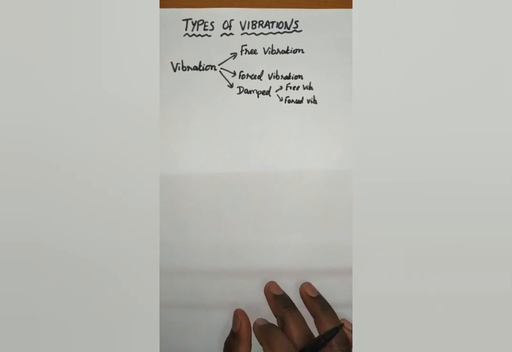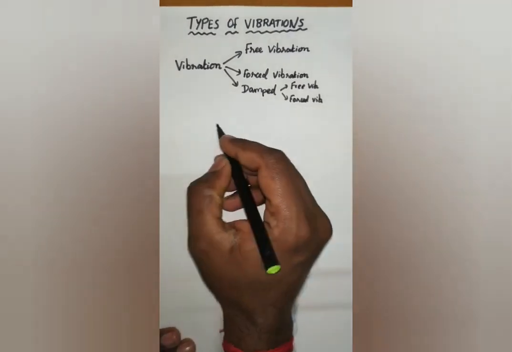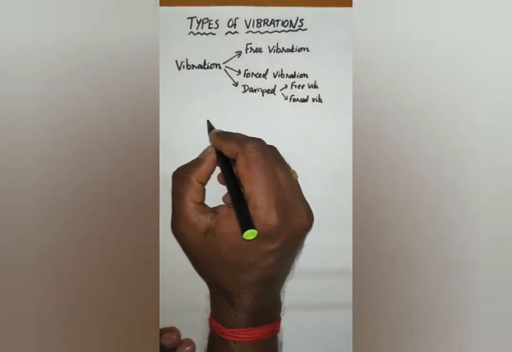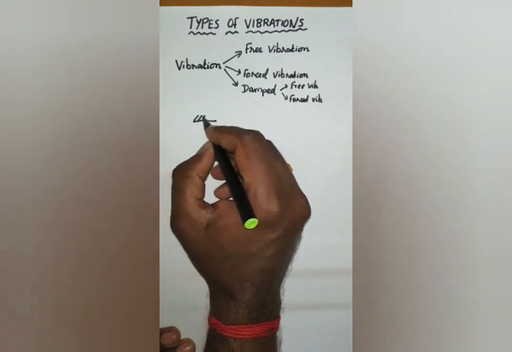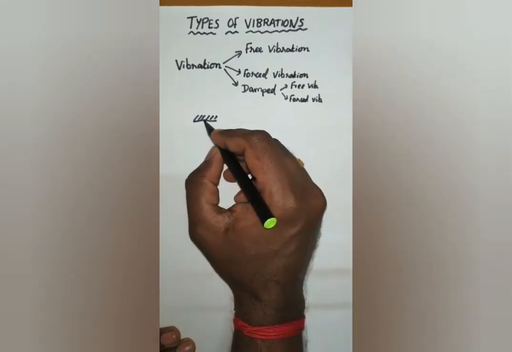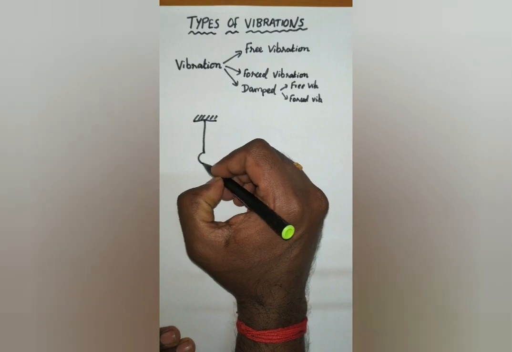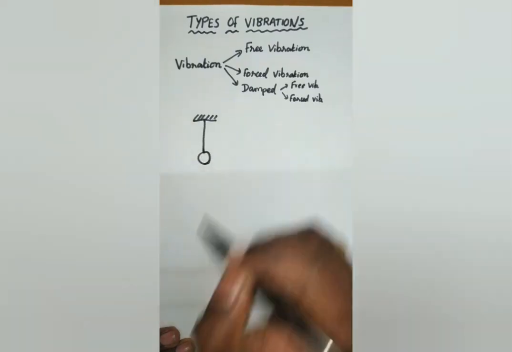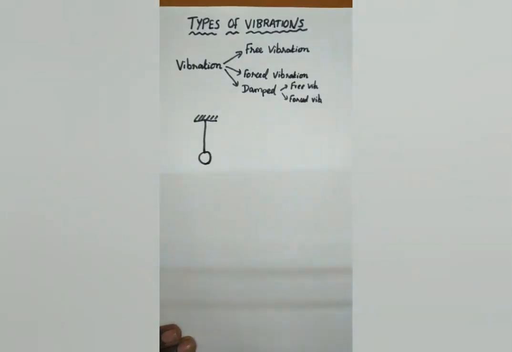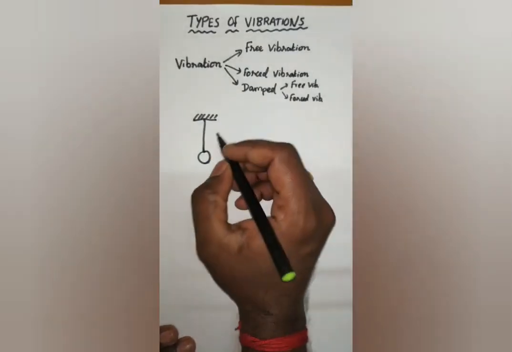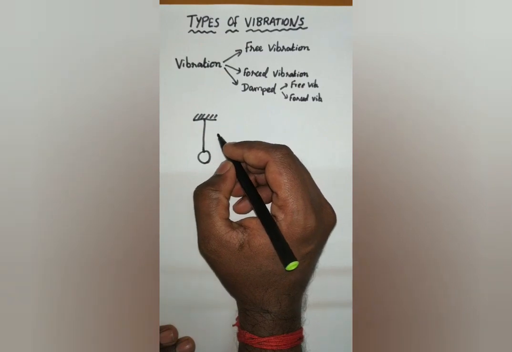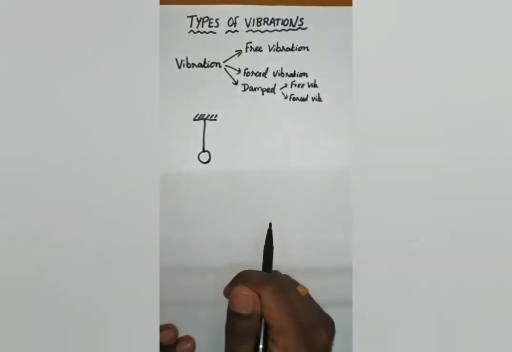Okay, so free vibration, to explain this concept, I will just draw a pendulum so that you can understand what is free vibration and forced vibration. Now I have a pendulum which is suspended from the fixed support. To cause the free vibration, I have to give some initial displacement.